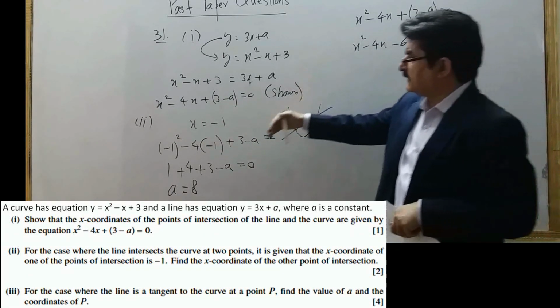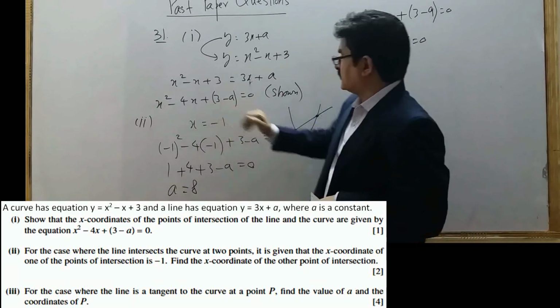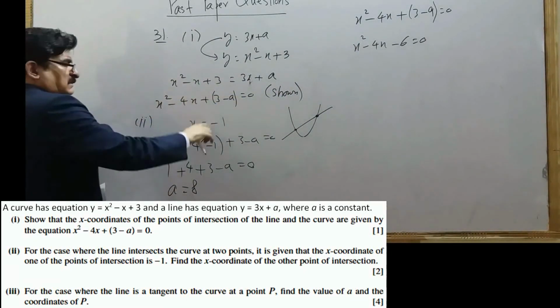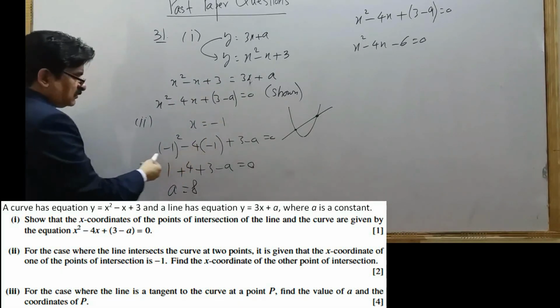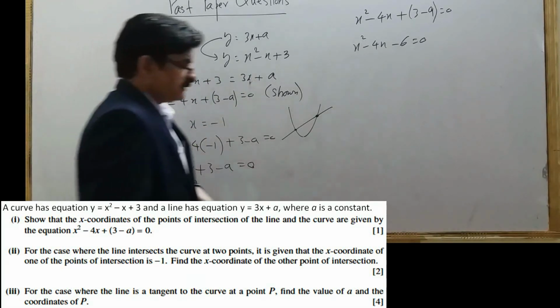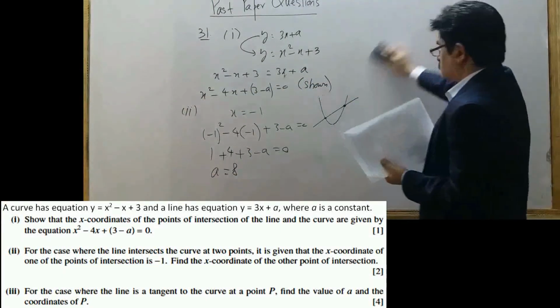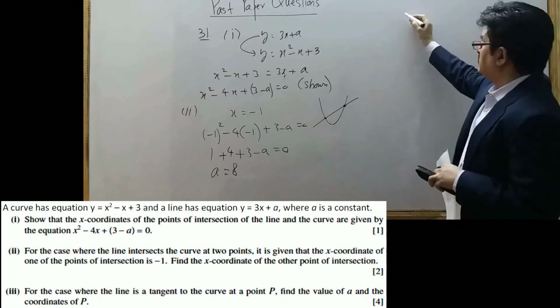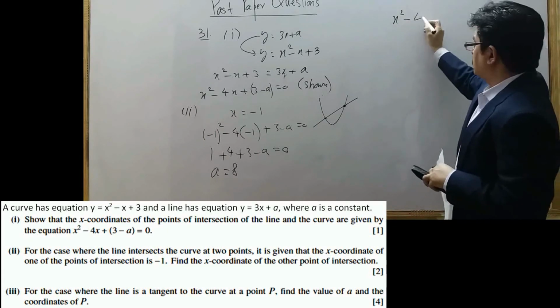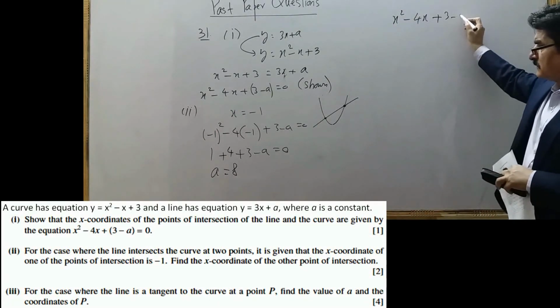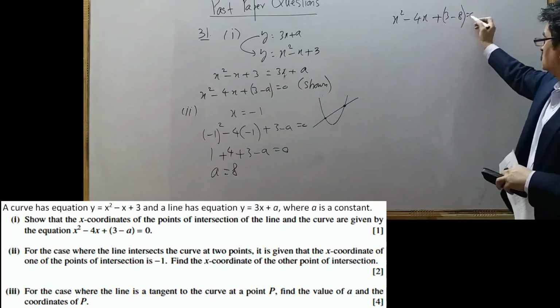Now it is given that x is equal to minus 1 is a solution. So we can substitute, put into this equation x is equal to minus 1. If you put that, you will get the value of a. Then you are asked to find the other solution, so we put this value back into that equation. So 3 minus 8 is equal to 0.